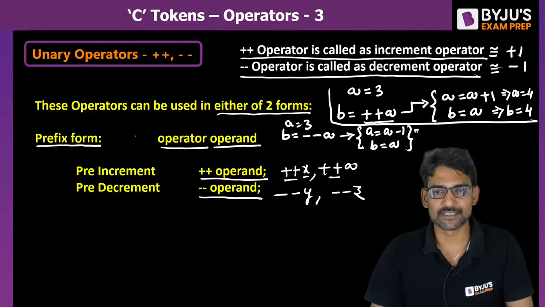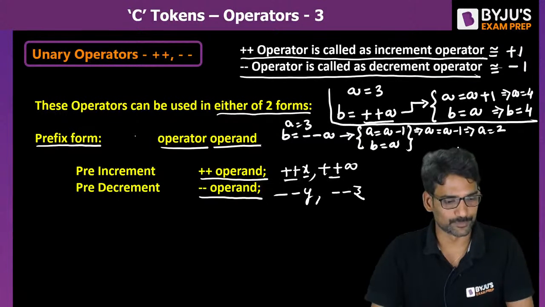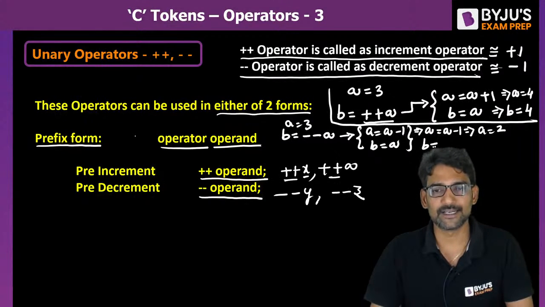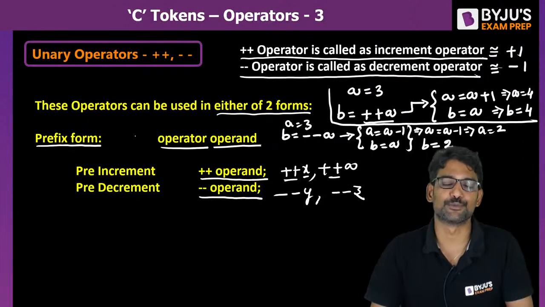That means a becomes a minus 1, that is a value becomes 2, then that decremented value is assigned to b. This is pre-increment, pre-decrement.